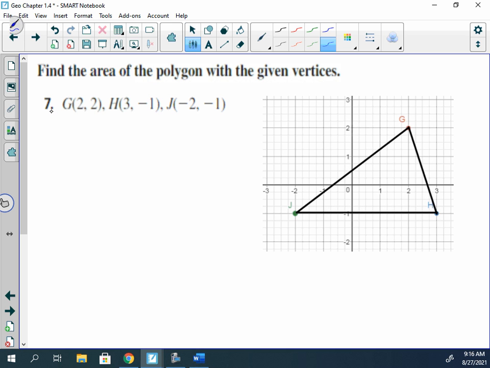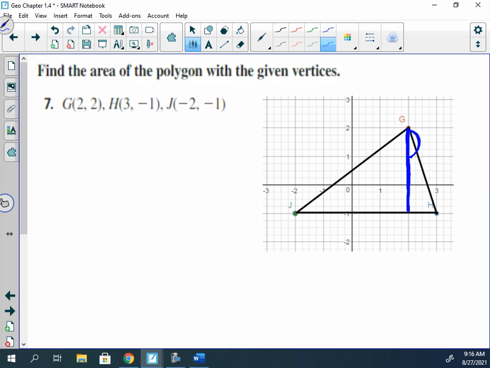So this one here, I did provide you with the locations already. On the homework, I will give you a graph sheet of paper, so if you want to plot the points, you can. When we look at this here, again, our altitude is going to drop straight down. The height of the triangle is going to be going straight up and down, and we can count that.